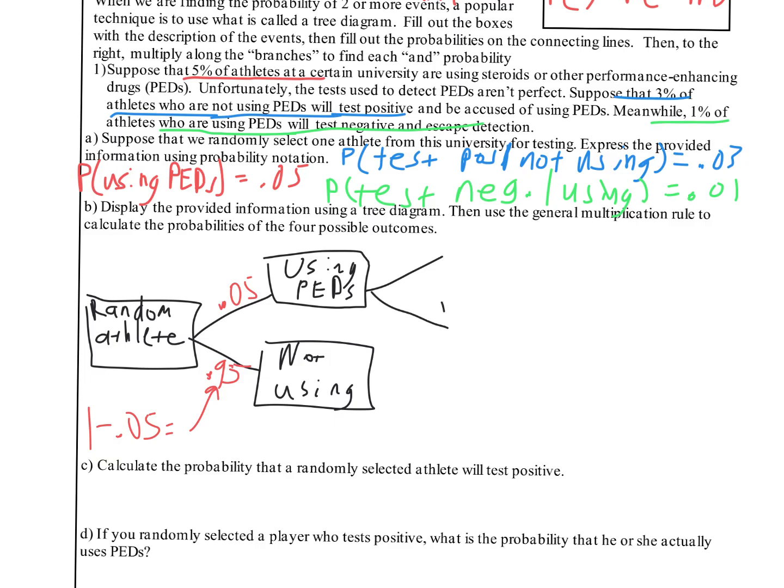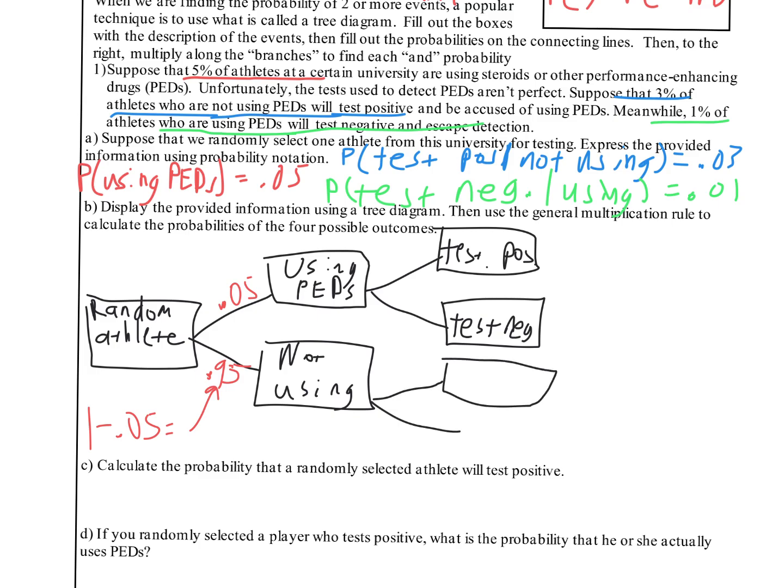Okay, and now I'm going to split these up. Out of those who are using PEDs, you can test positive or you can test negative. That is actually the same for those who are not using.